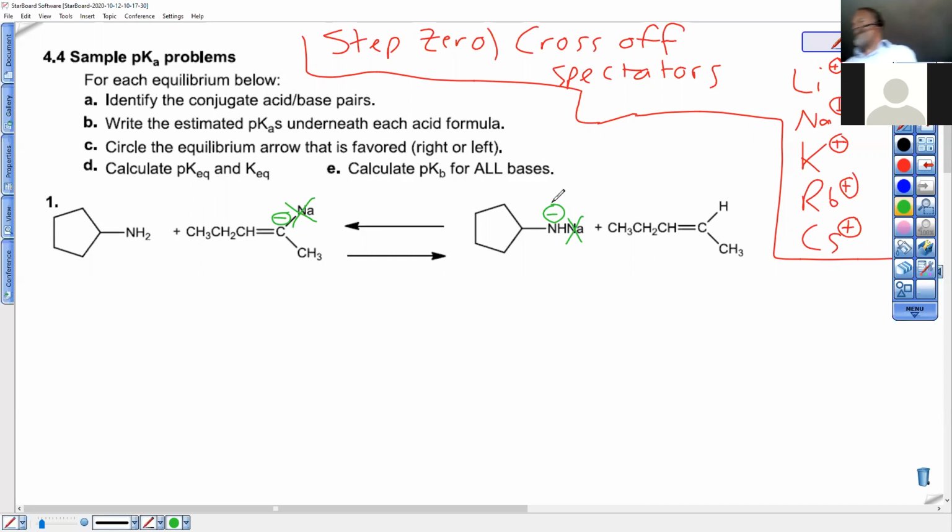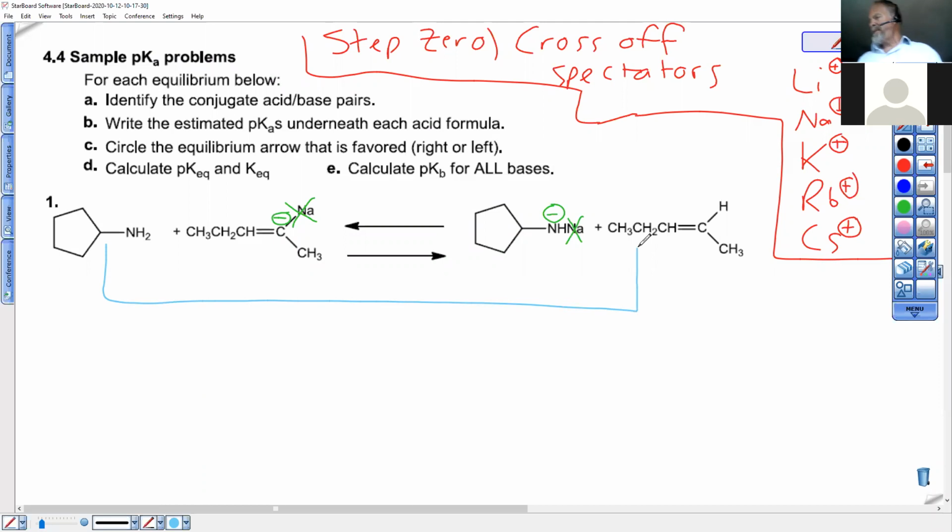Identifying conjugate acid-base pairs is a simple exercise. If you remember, the only difference between the two partners in a pair is a proton. And please remember, when I say proton, I'm talking about H+, hydrogen cation.